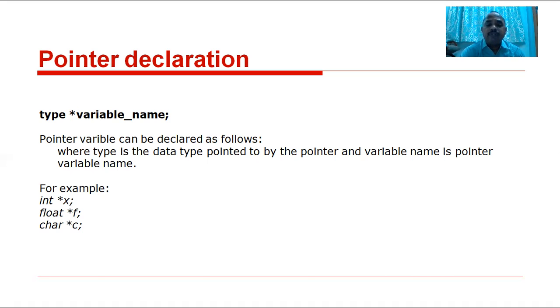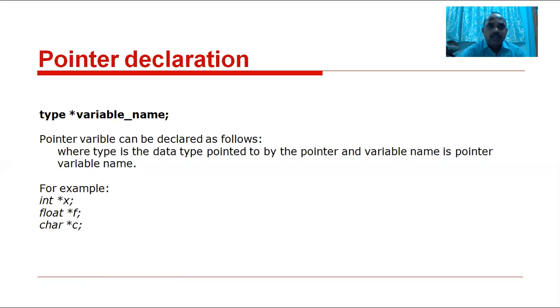Declaration and dereference. When a pointer is declared, the star indicates that it is a pointer variable, not a normal variable. Clear? x is not a normal variable, f is not a normal variable, and c is not a normal variable.